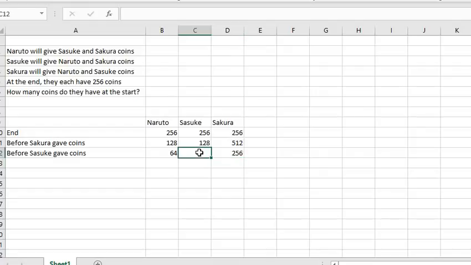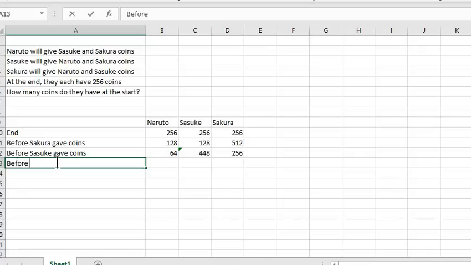Meaning, since Sasuke gave Naruto 64 and Sakura 256, then Sasuke should have 64 plus 128 plus 256. Meaning, before Sasuke gave coins, Sasuke has 448 coins.